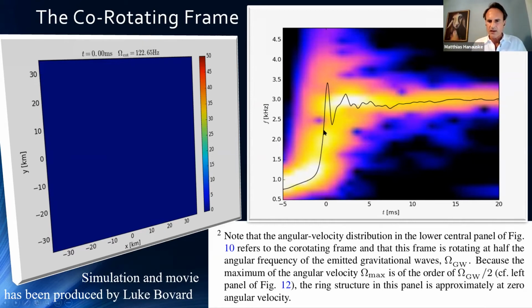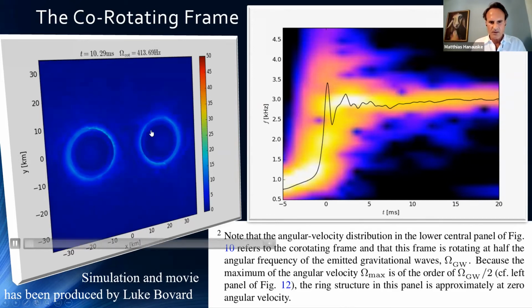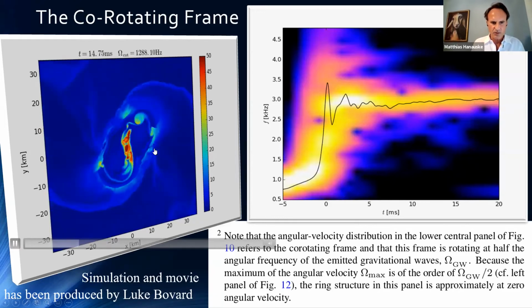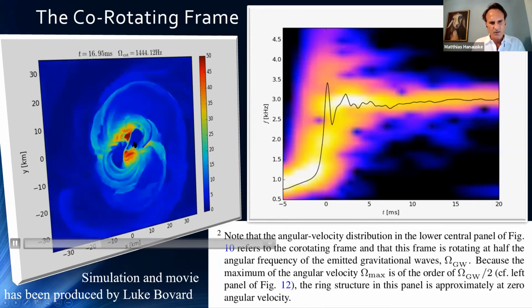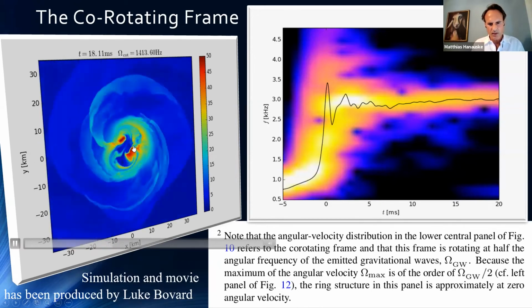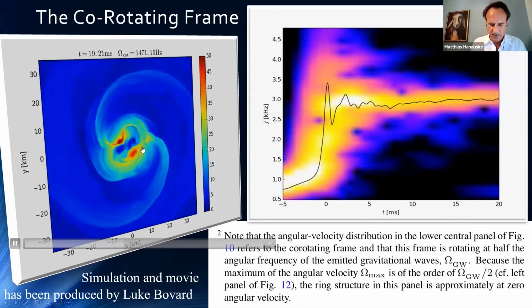This is done by rotating the system with the instantaneous gravitational wave frequency emitted. Here you see the temperature of the two neutron stars in the in-spiral phase. They usually rotate, but in the co-rotating frame they are not rotating. We are now focusing on this strange temperature structure over here, and we're trying to understand that.